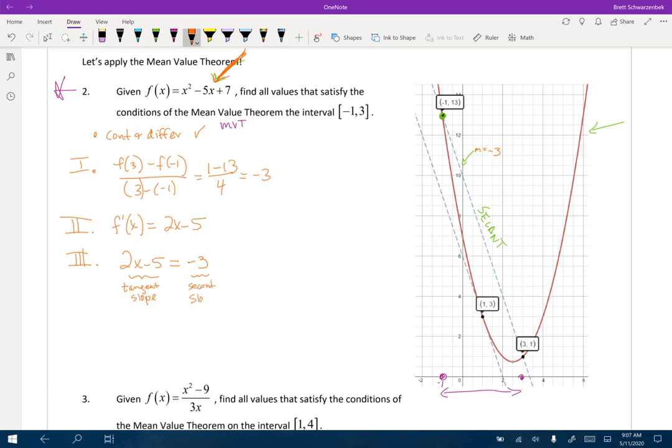Okay, so we solve this. We get 2x is 2 and x is 1. Therefore, it says find all values that satisfy the conditions. It should say find all values of x, but that is basically the answer to the problem.